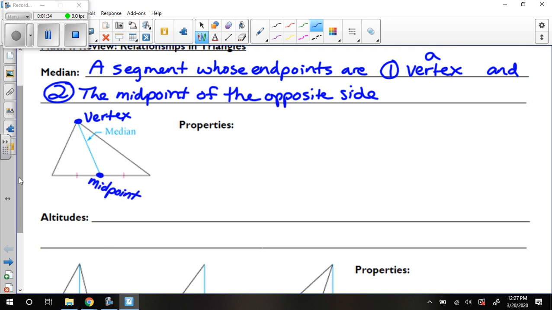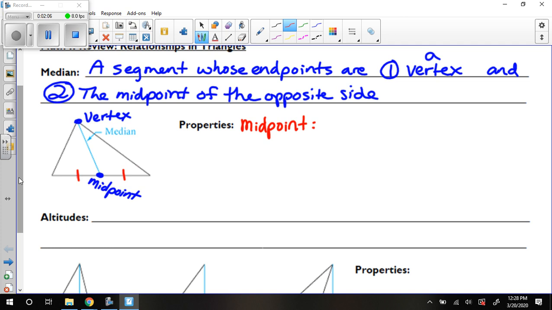Now, if you're looking at this picture, the way to tell that that was the midpoint is these two tick marks right here. Those tick marks mean that those two pieces are equal. So your midpoint is that halfway point between that whole side of the triangle. Okay, so one of our properties, we'll talk about the midpoint.